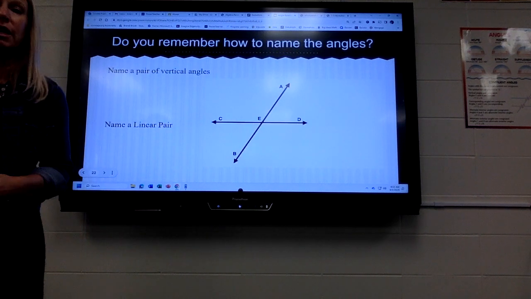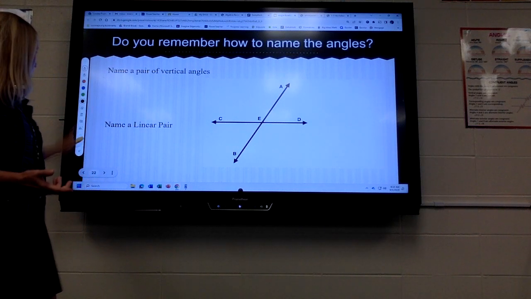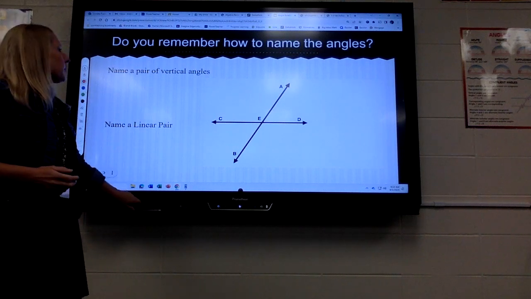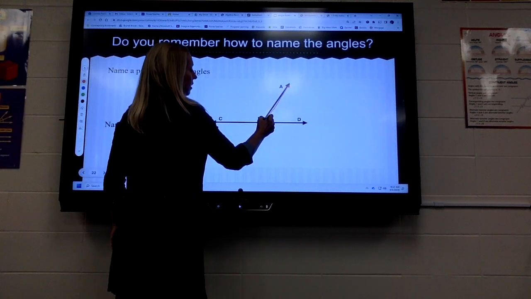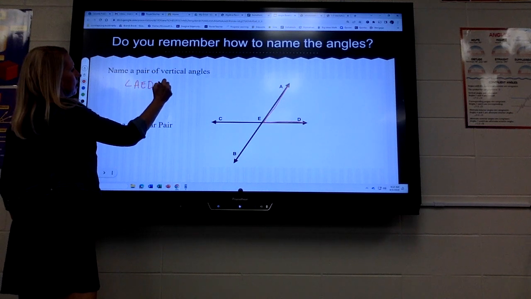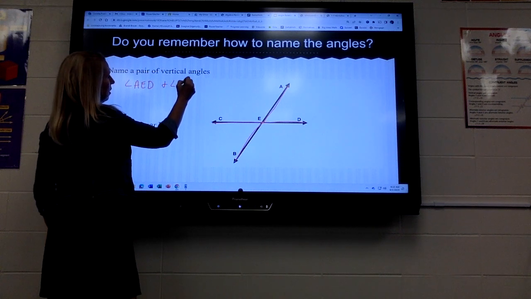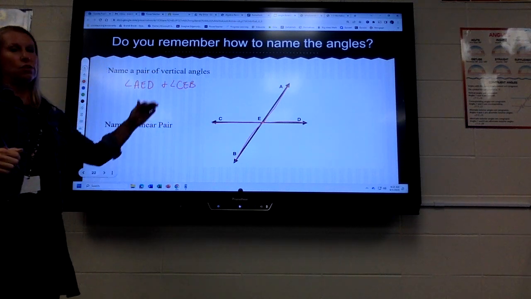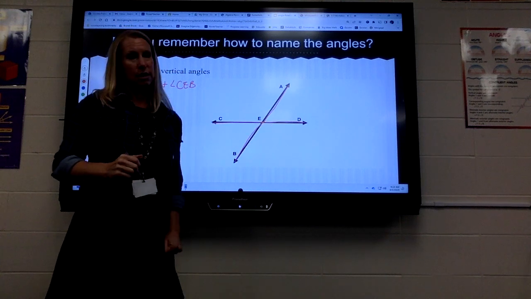Okay, don't forget about naming angles, super important. You'll have to name angles on your assignment today. So naming a pair of vertical angles, like I could name this angle, angle AED. And then the vertical would be CEB. Or I could do the top and bottom, which would be CEA and BED.